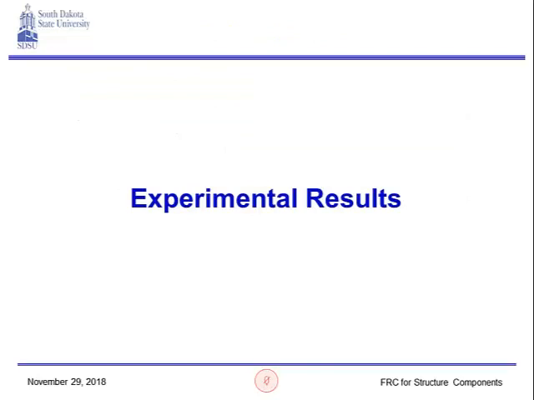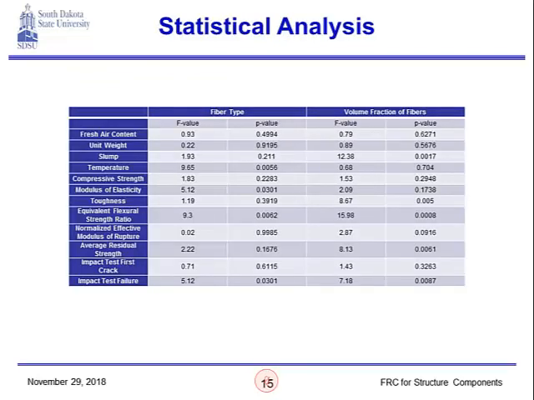So moving into our results here, first of all, this is just the table showing the statistical analysis. Just to give you an idea how we do it, as an example, if you look at, say, fresh air content, we want to know whether the effect of fiber type is significant on the fresh air content or not. So we go to the p-value. It's way more than 0.05.